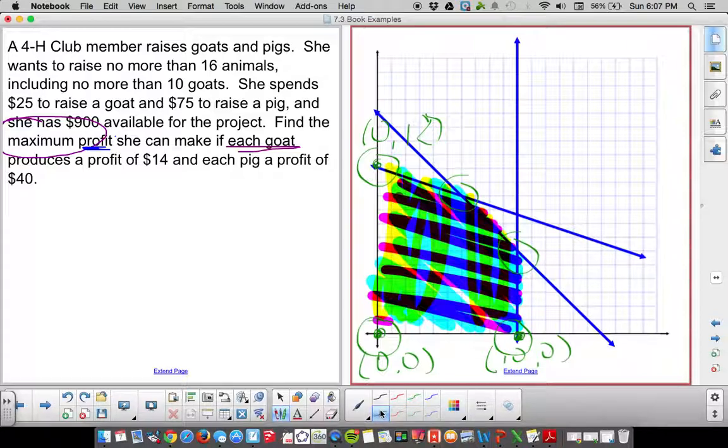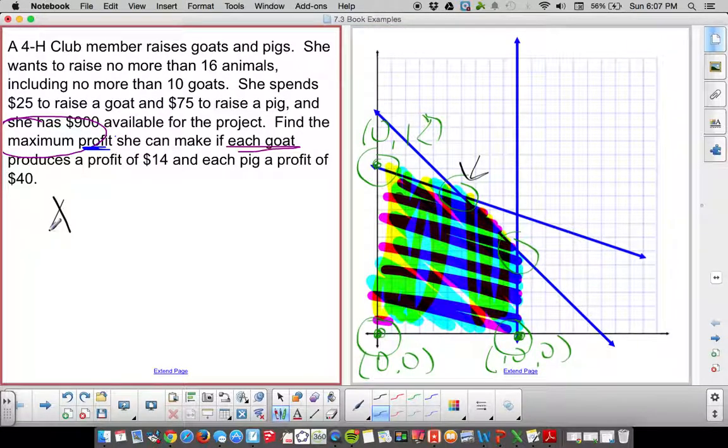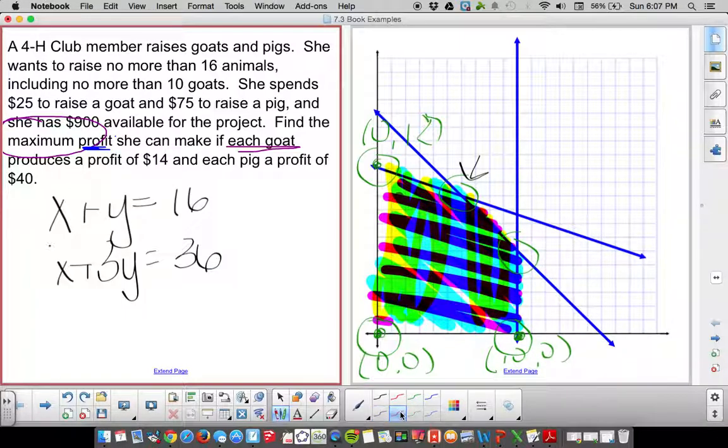So I'm noticing here this is the intersection of my two lines, x plus y equals 16 and 25x plus 75y equals 900, which in the book they've reduced to x plus 3y equals 36. Now, from our previous chapter, we learned how to solve these with matrices. It becomes very easy to do.